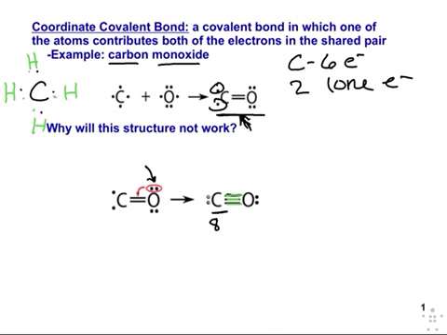Same way when we count on the oxygen, it has 2, 4, 6, 7, 8 electrons. So the octet rule is satisfied, check. There are no lone electrons, check. And our diagram follows the chemical formula. Does that make sense? Yes? Okay.